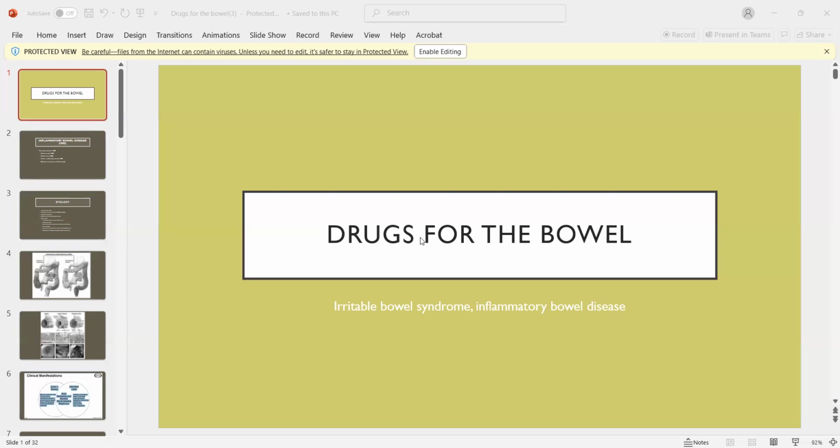This particular drug has kind of a novel mode of action. It inhibits the sodium hydrogen exchanger 3. This is the sodium hydrogen exchanger.